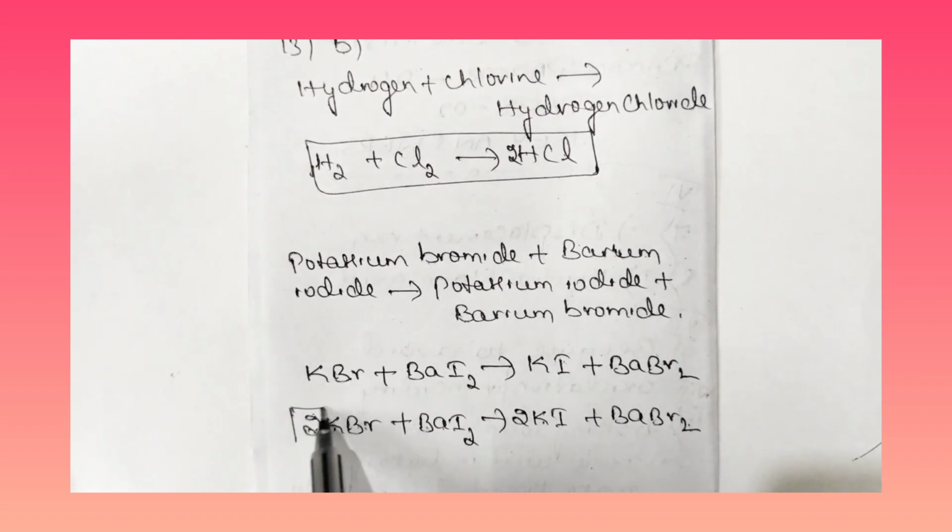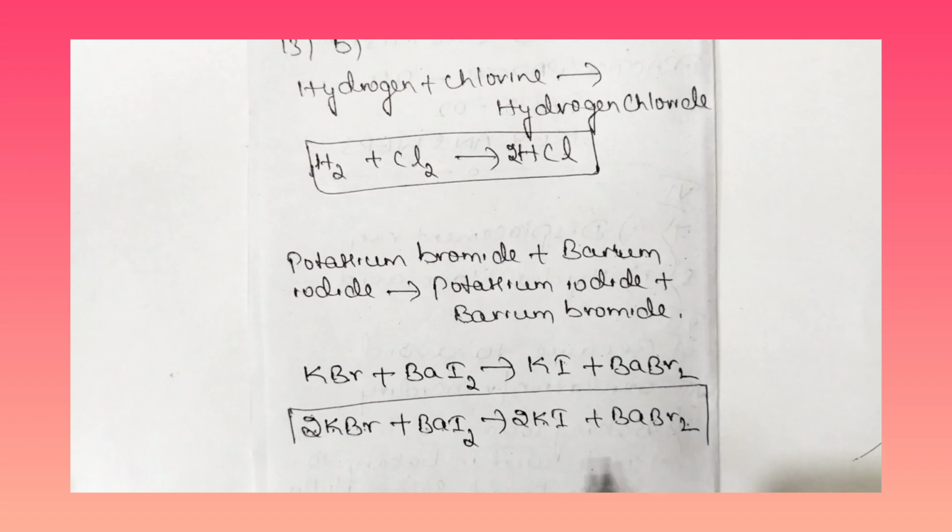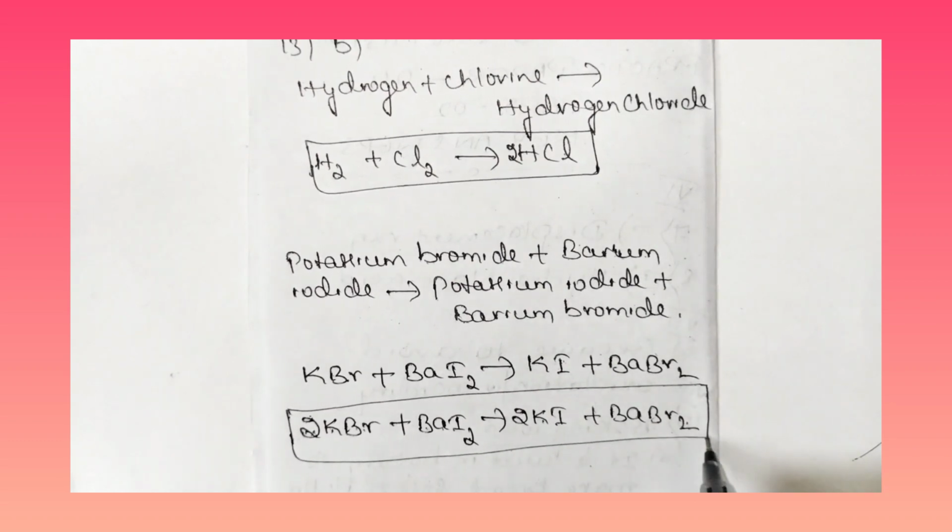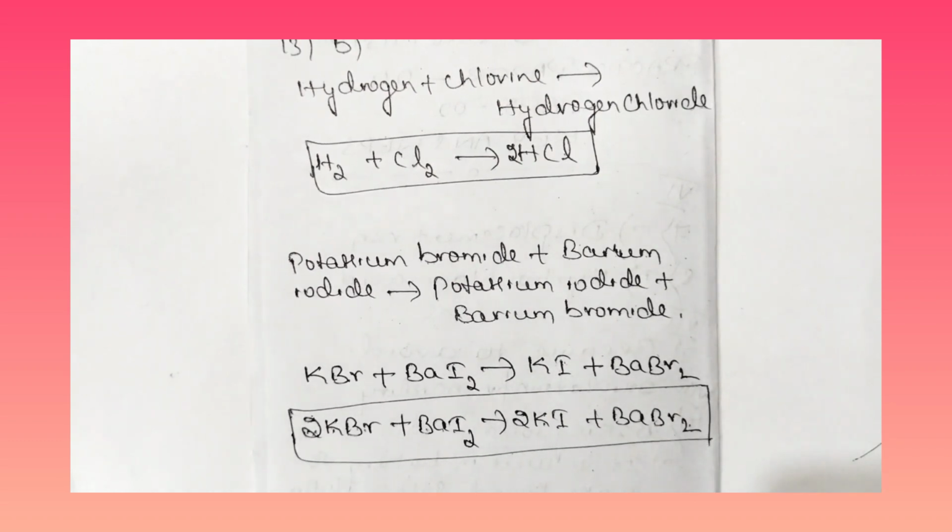So 2KBr plus BaI2 give rise to 2KI plus BaBr2. So this is how to balance the given chemical equation. So like this we have to balance it. So like this we have to answer part B chemistry of practice paper number 4.